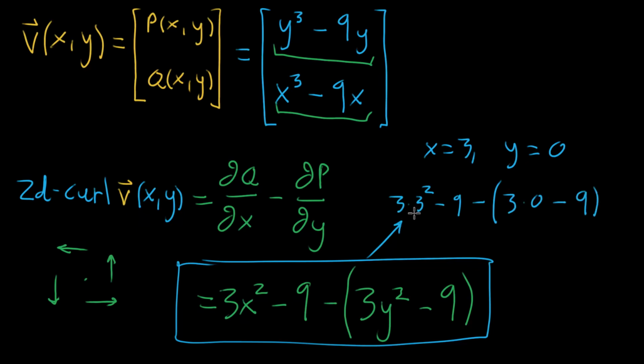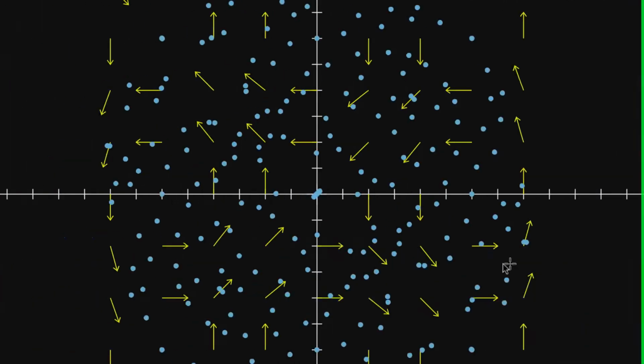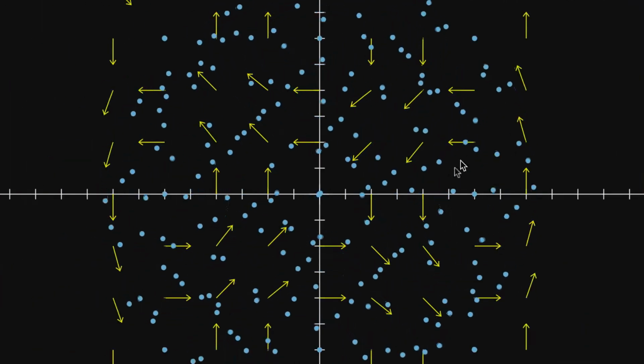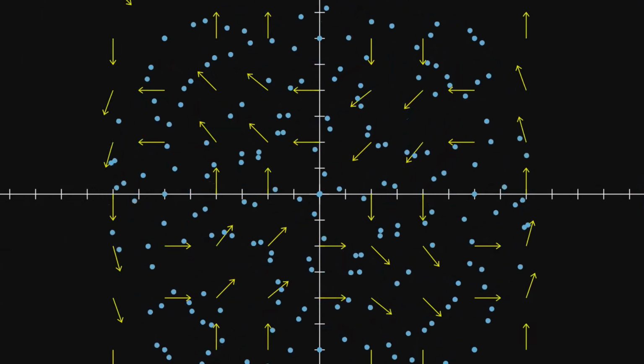And so this part is 27. That's 3 times 9 is 27, minus 9 gives us 18, and then we're subtracting off a negative 9, so that's actually plus 9. So this whole thing is 27. It's actually quite positive. So this is a positive number, and that's why when we go over here and look at the fluid flow, you have a counterclockwise rotation in that region.